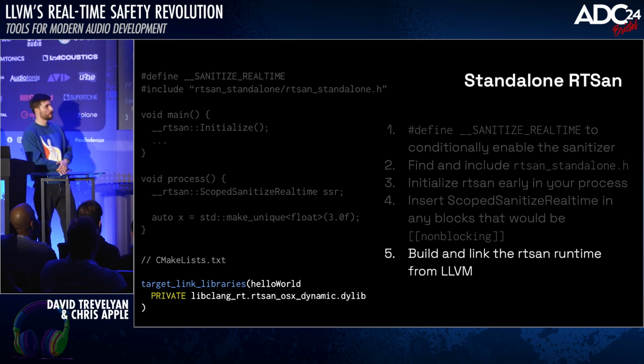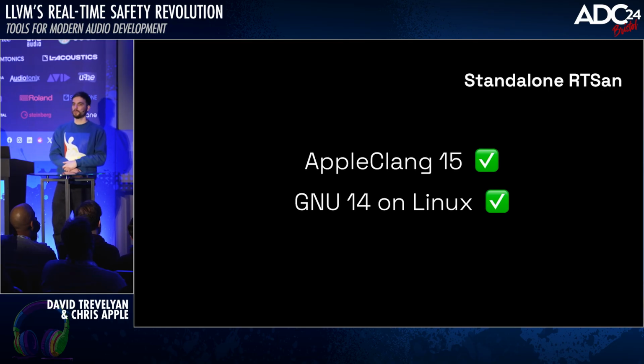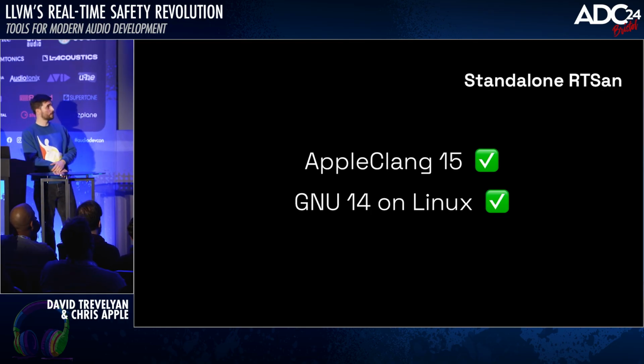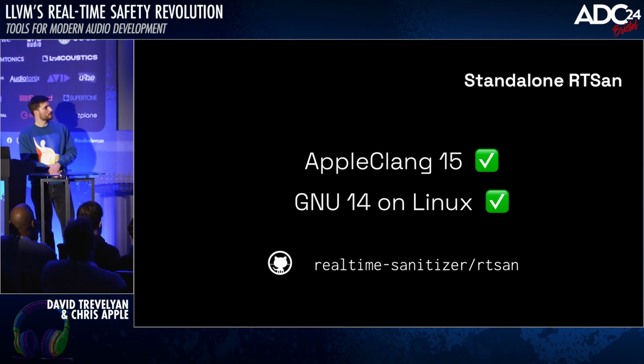You will also need to build and link the RTSan runtime on its own. But if you link that into your library, then you should get pretty much all the benefits. We've tested this with Apple Clang version 15, that works, and with GCC 14 on Linux. But if your compiler supports including headers and linking libraries, you should be good. So just as a reminder, here's where you can find out more information.